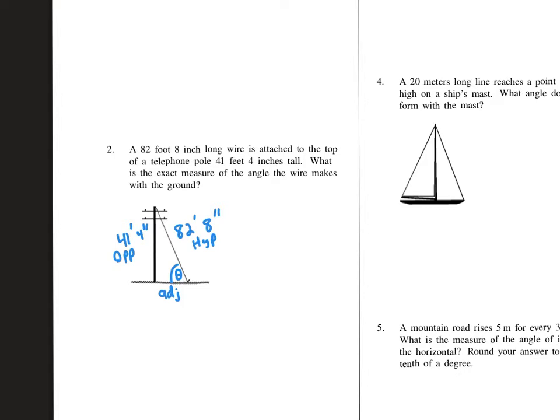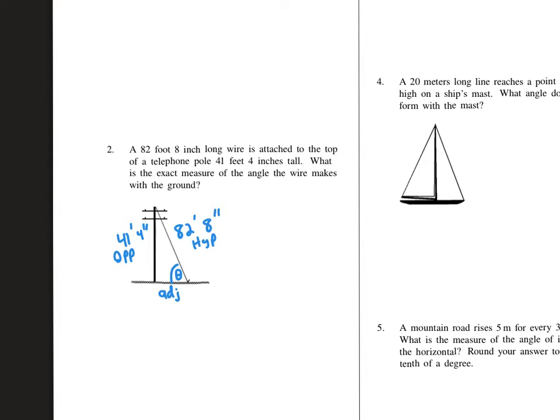So I believe I'm going to switch to decimals for this. 4 inches would be like 4 over 12, which is 1/3. So it would be like 41.3 repeating, and then 8 over 12, which is 2/3. I don't know if I want to do decimals. All right, I have a better idea.